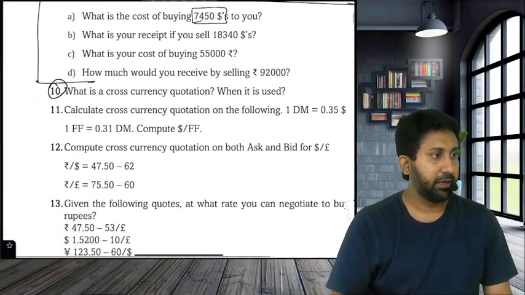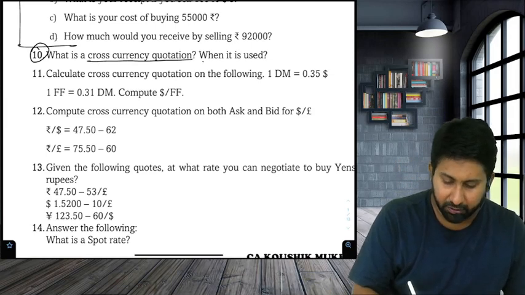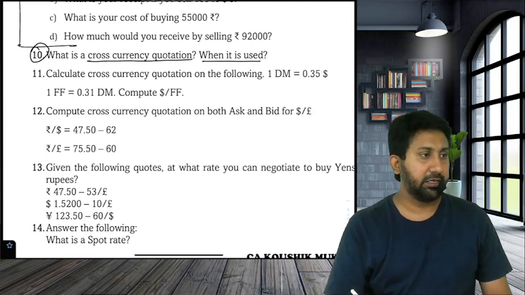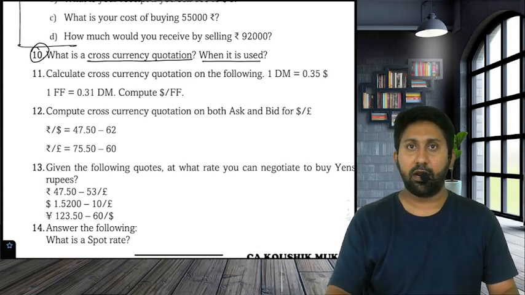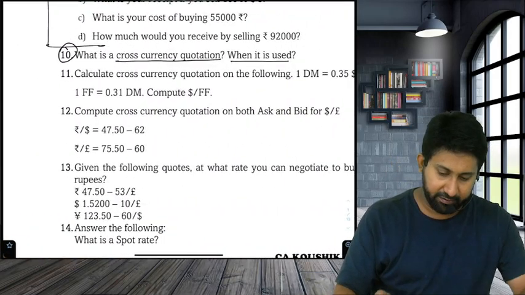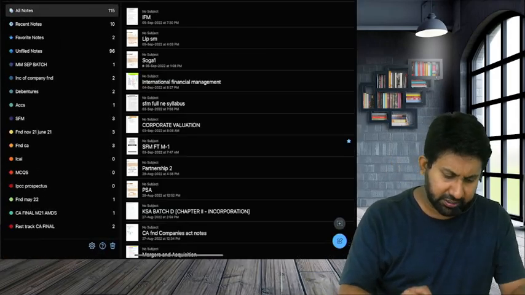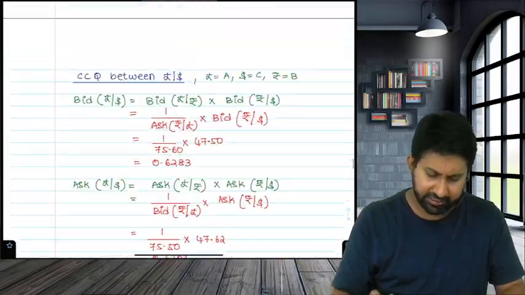Now 10. What is a cross currency quotation and when is it used is the question. Now see here, what do you mean by a cross currency quotation? What really does it mean? Let us understand clearly.